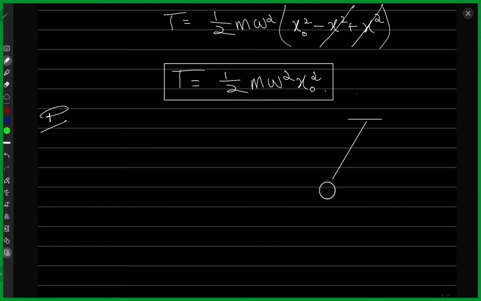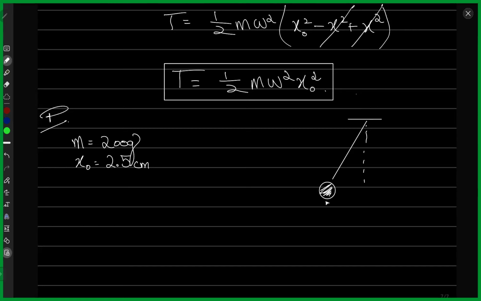The mass attached to the pendulum is 200 grams, and suppose the maximum height that I raise it to, which is the amplitude of the oscillation, x naught, is 2.5 centimeters.